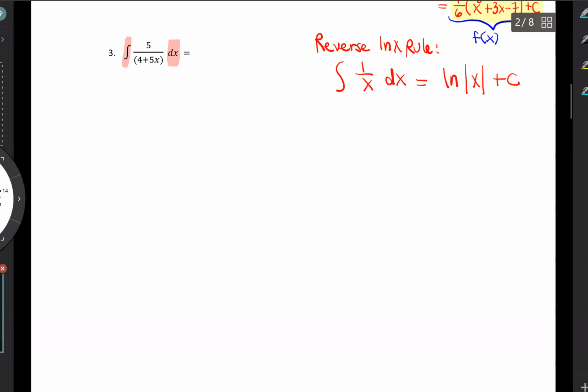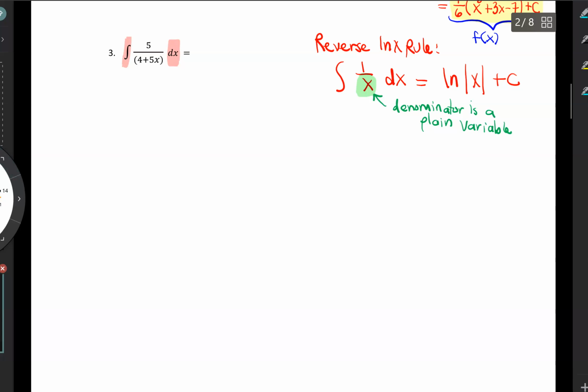Okay, so in my reverse ln of x rule, my generic template over here, I need my denominator to be a plain variable. So let me write that down. Denominator is a plain variable. Okay, that's what we need.